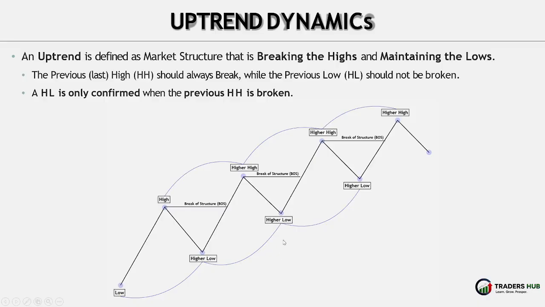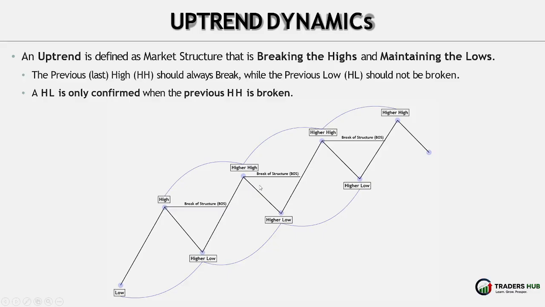Okay, and there is still an argument there, but for now, just stick with this golden rule. The previous lows should always be maintained, and the previous highs or higher highs should always be broken.